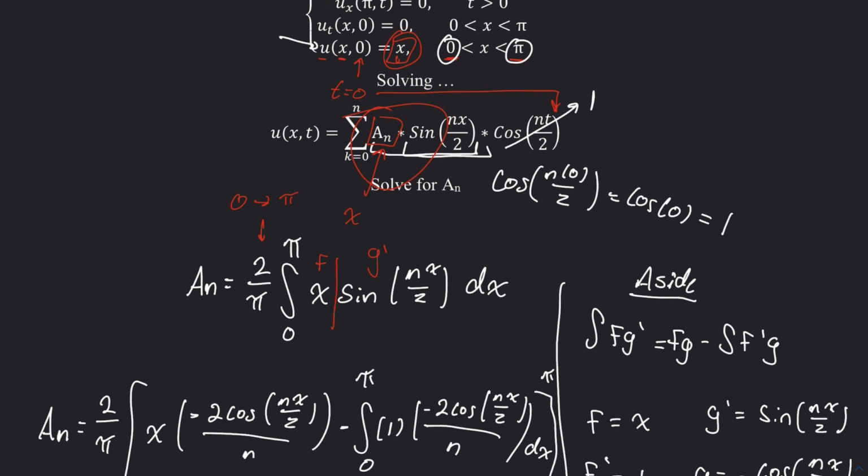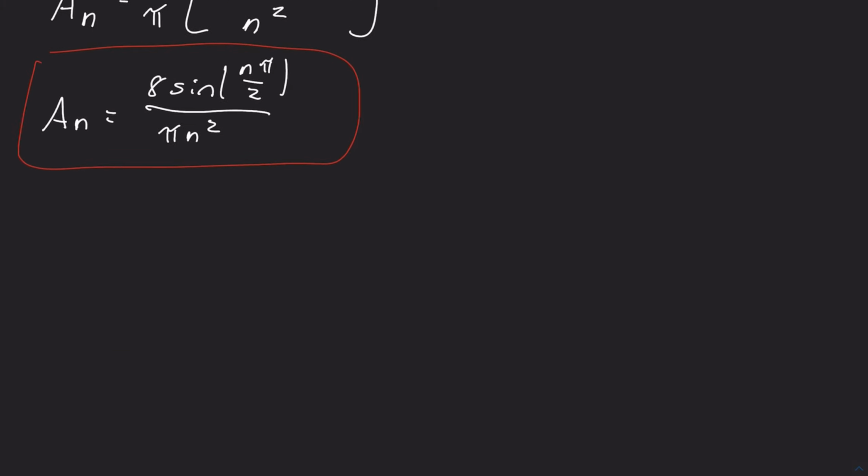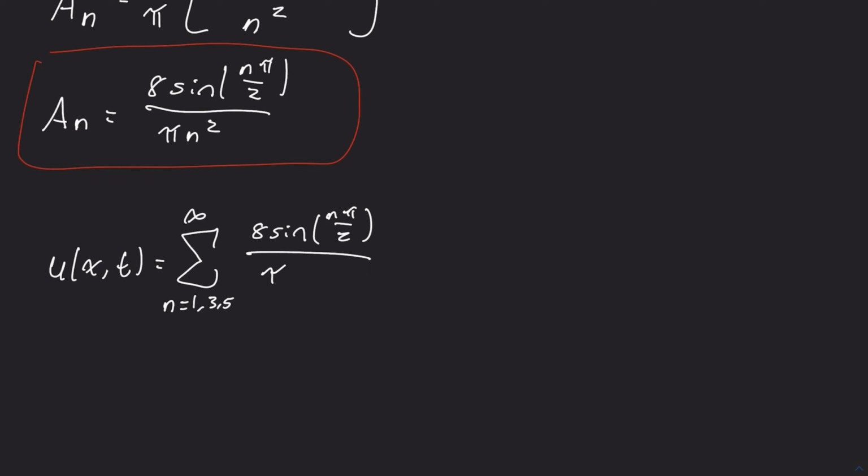And now we can go straight ahead and plug that in for u of x of t. So after plugging back in, we get u of x of t equals the summation from n equals 1, 3, 5 to infinity times 8 sine of n pi over 2 over pi n squared.